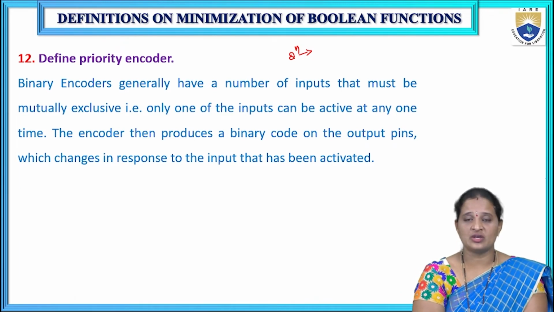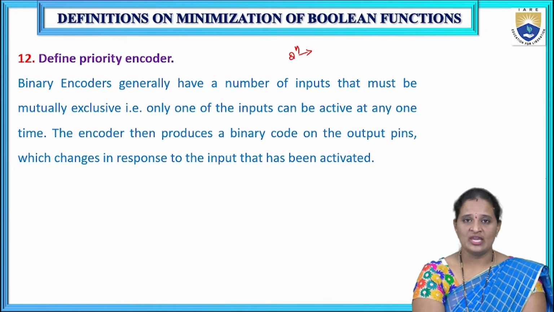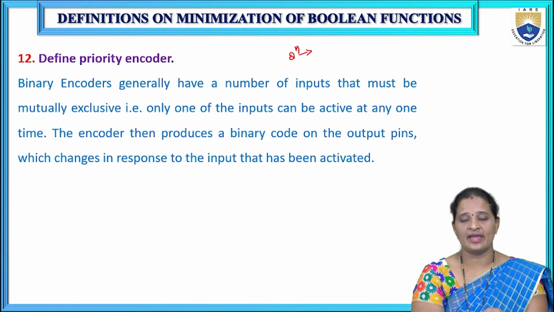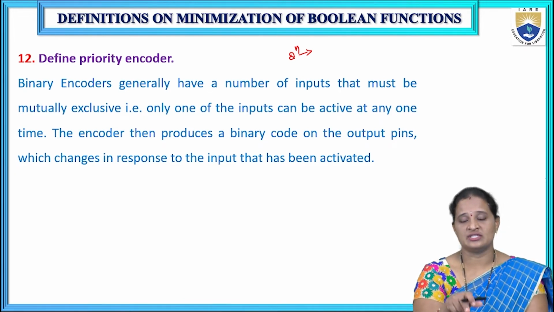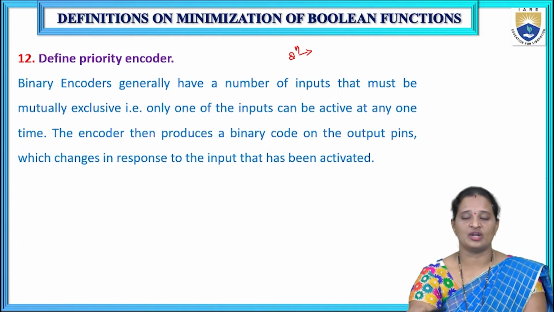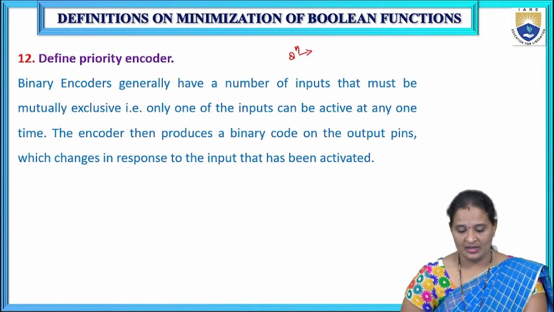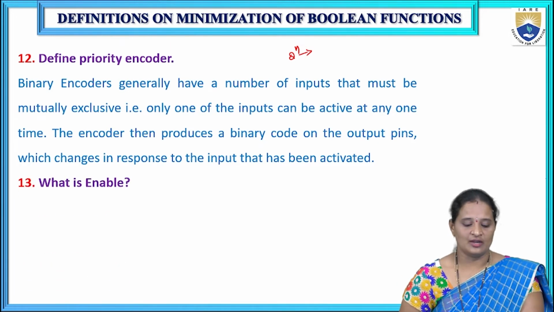An encoder converts the given decimal data into binary data, but which data is to be converted first? So each input line is given a priority, and that type of encoder is called a priority encoder. The input line with the highest priority will be converted first, and then the next higher priority line. So that is the priority encoder.